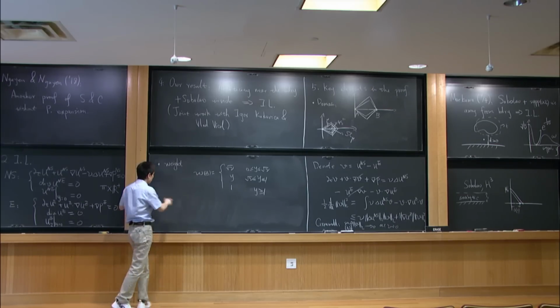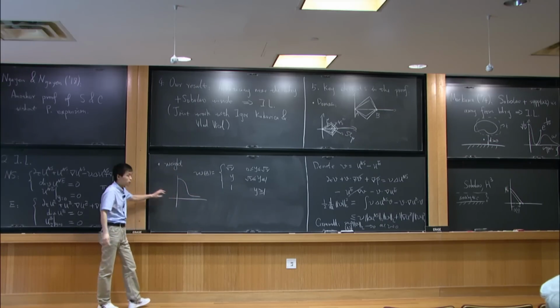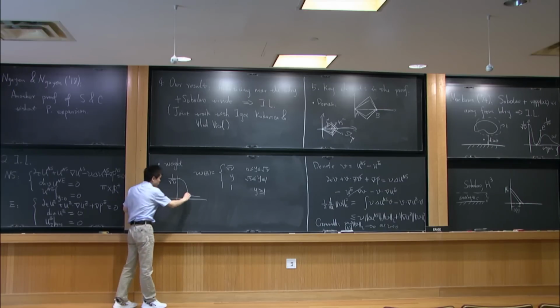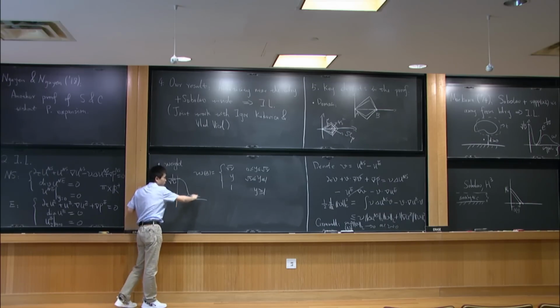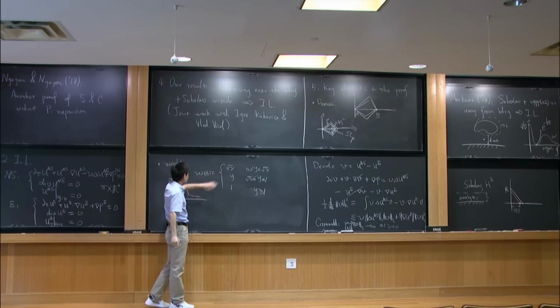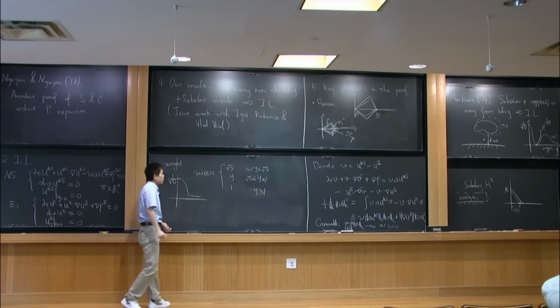The reason why we use this weight function is because we want to capture the phenomenon that the solution should be something like this. We are expecting the solution to be of size 1 over square root nu near the boundary, and far away from the boundary it is of constant size. So we add this kind of weight function to capture this phenomenon.